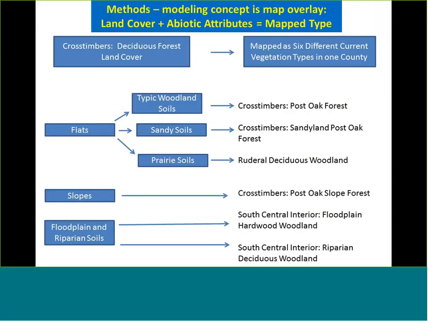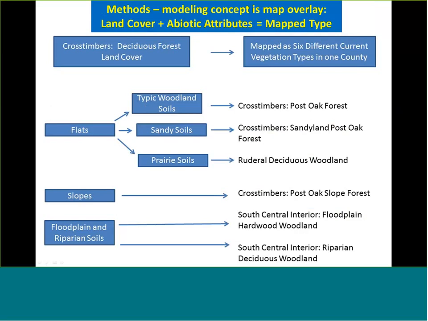So methods. I just got 4 slides on methods. Basically, what we did is we mapped the land cover type and overlaid abiotic site types or abiotic variables to define the mapped type. So here's an example of a cross timbers region area. We have a deciduous forest land cover. We may have sort of typical woodland soils.